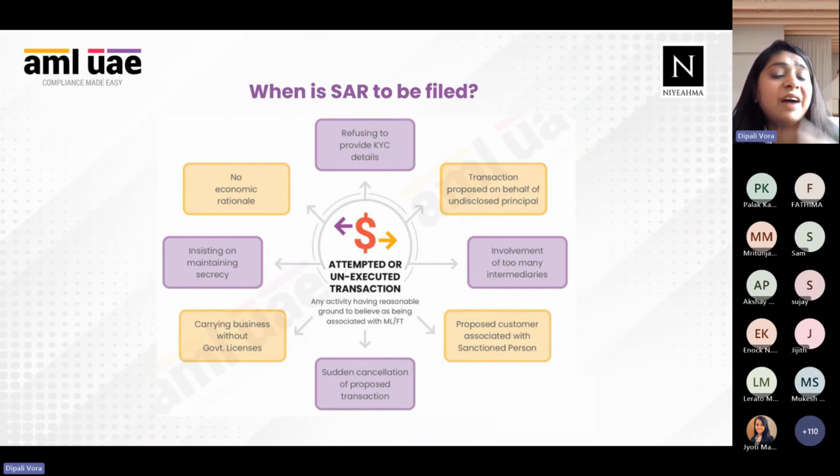If a person is trying to have a transaction with you without any economic sense, for example, for a TCSP, if a company already has a good network of companies and they are insisting on incorporating 10, 20 more companies, this would actually mean that this is just a process of creating more and more layers for that particular company. So even in all of these cases, you can consider filing a SAR, suspicious activity report, because the transaction is at a proposed stage or it is at an in-progress level.